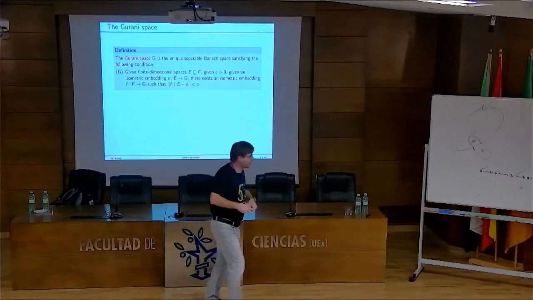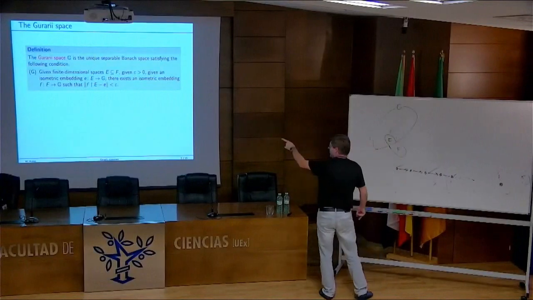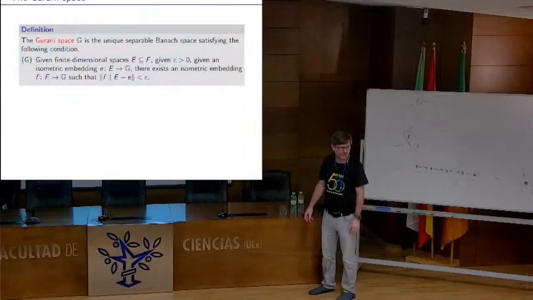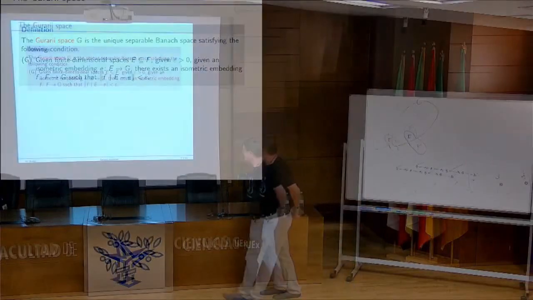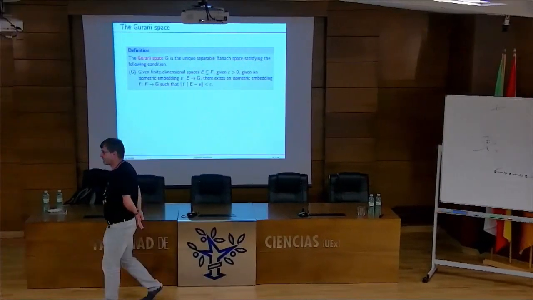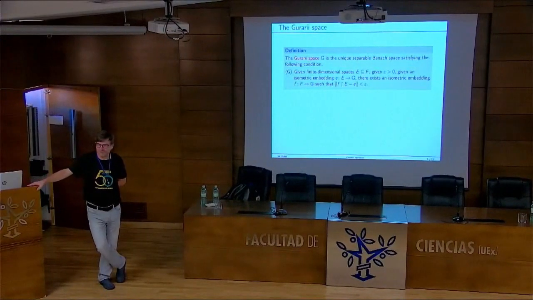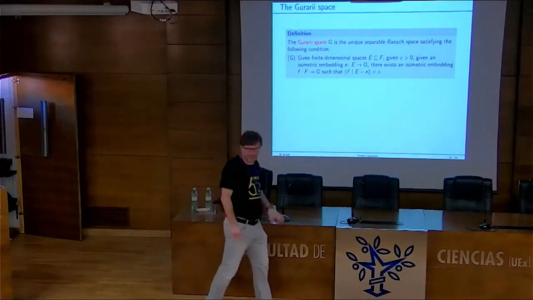The original definition of Gurari was different, that you can find an epsilon isometric embedding which really extends the original one. And this is equivalent, although it's not trivial that it's equivalent. So there was a long, maybe not long, 10 years waiting problem whether the Gurari space is unique up to isometry. It was solved by Wolfgang Lusky 10 years after Gurari's paper. So Gurari was 65, Lusky was like 75 more or less.